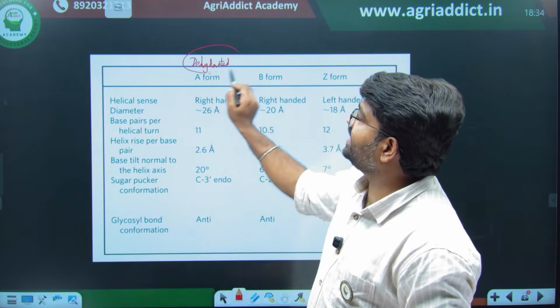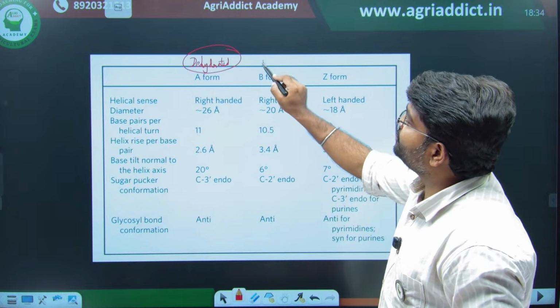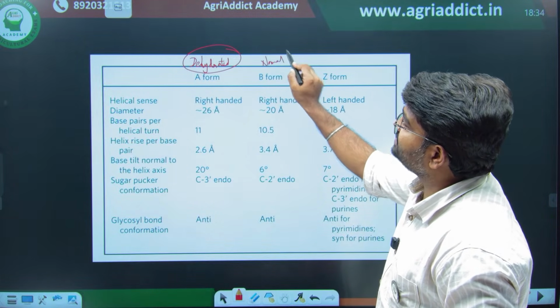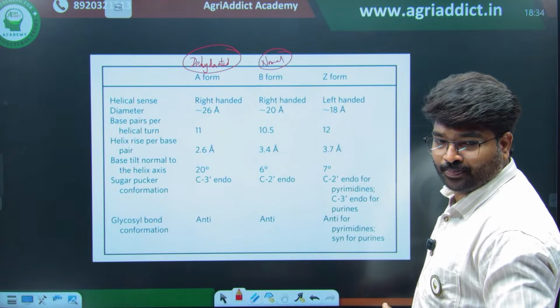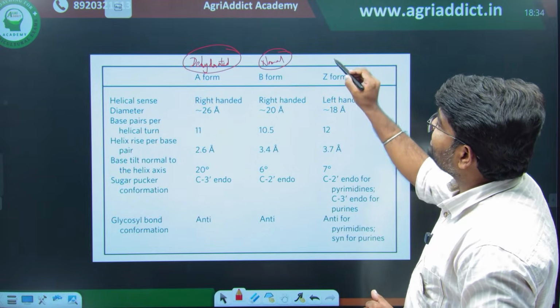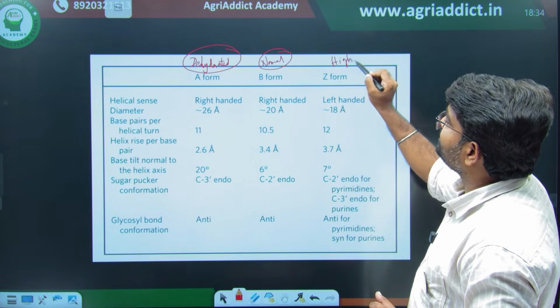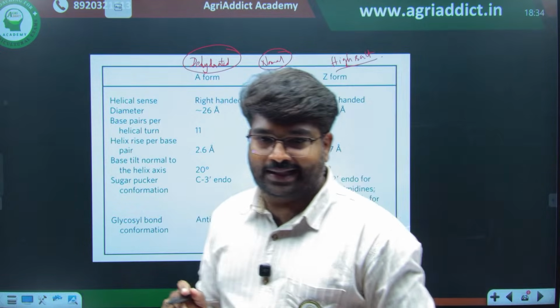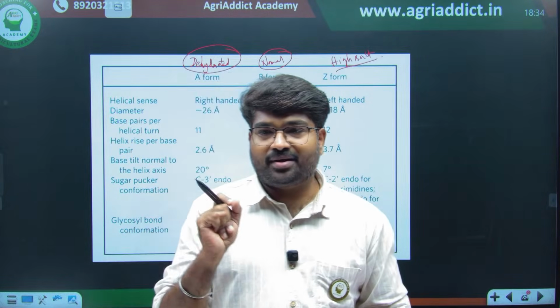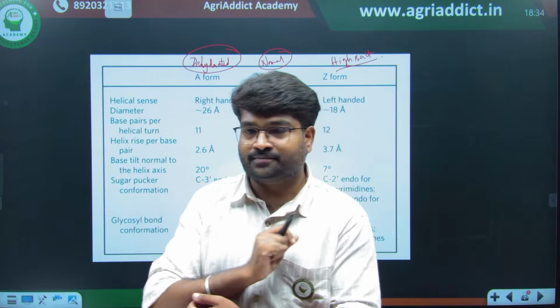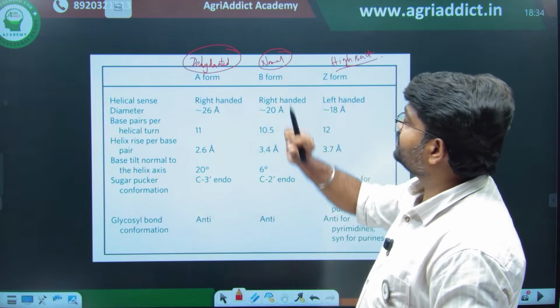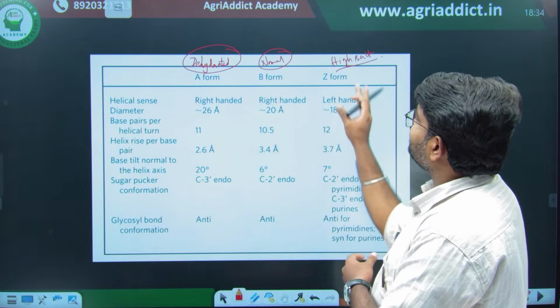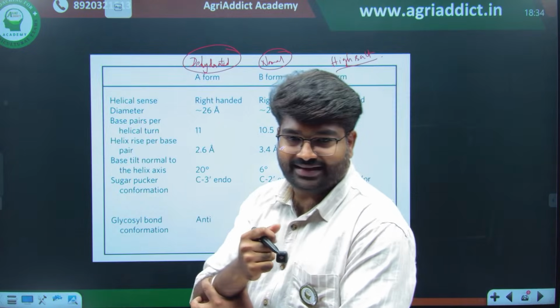B DNA will form in normal cellular condition. Z DNA will be present in high salt condition. These three points are very important. So A DNA will be predominant in dehydrated condition, B DNA in normal condition, and Z DNA in high salt condition.